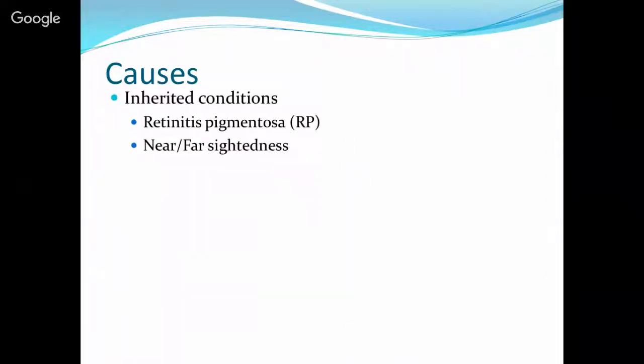So what are the causes, and why do some people have visual impairments and some people don't? There's many causes. I picked out a few of them that I thought were pertinent to us as teachers and educators. So sometimes they're inherited conditions like retinitis pigmentosa, RP.